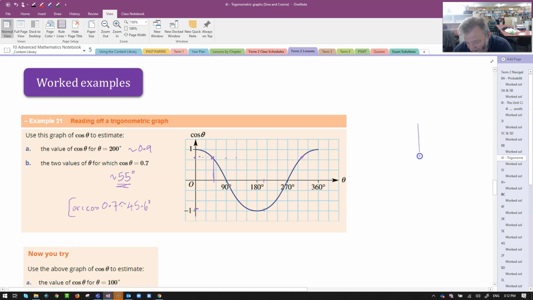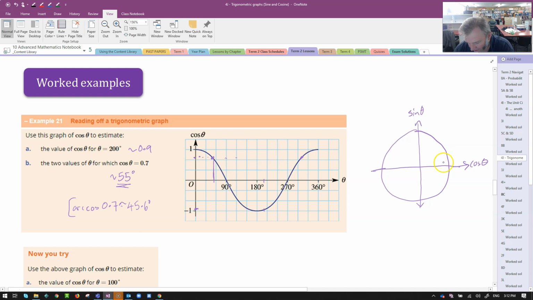What's interesting to note is we can also do this from our unit circle, because I really want you to be able to relate everything back to the unit circle. So this is my cosine axis, isn't it? On the x-axis, I read the cosine value. So if you think about that as your cosine axis and this is your sine axis, it's not a bad way to think about things.